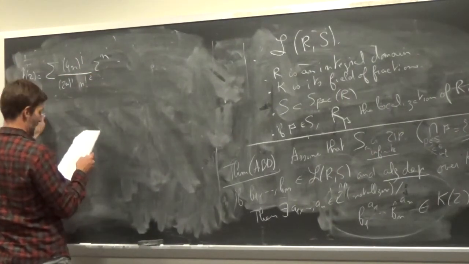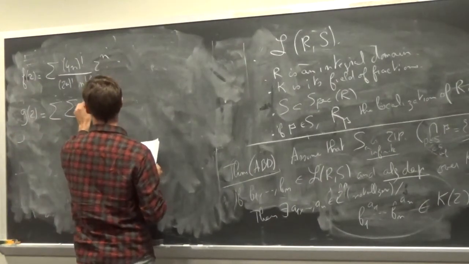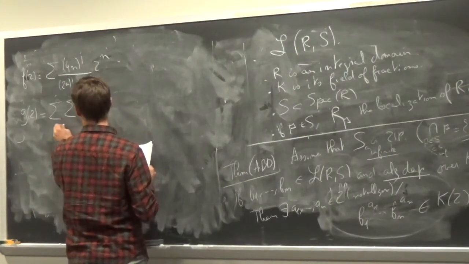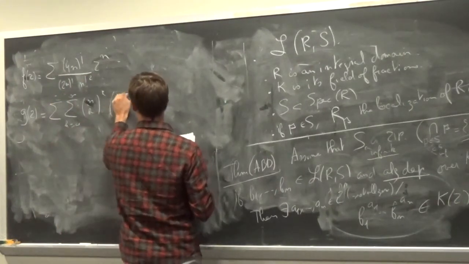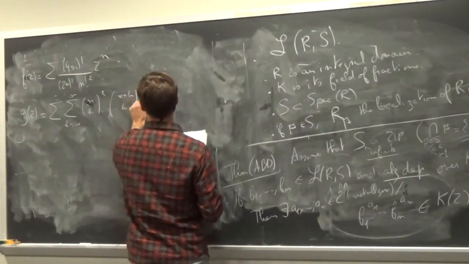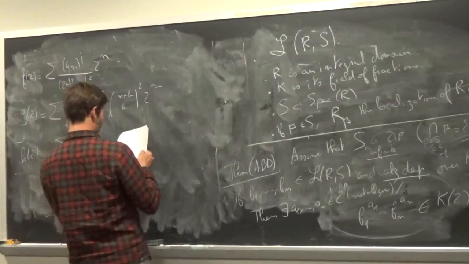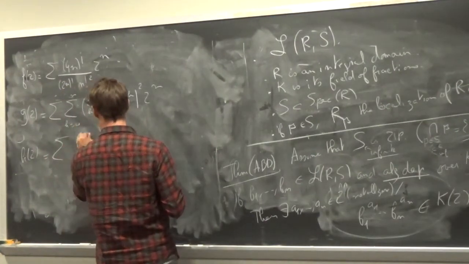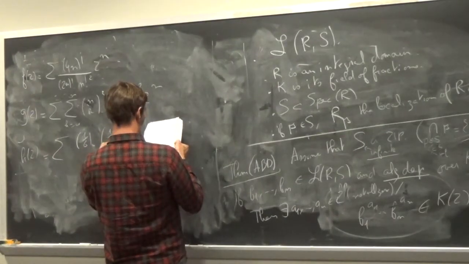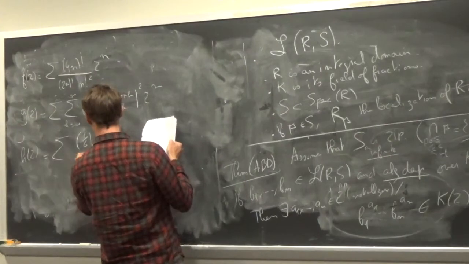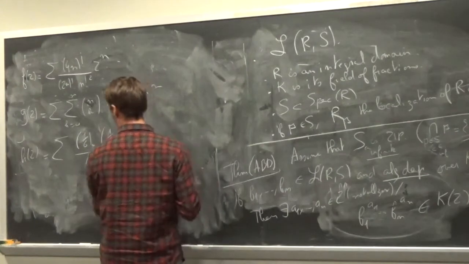g of z is the a priori one, the sum of binomials, n choose k squared, n plus k choose k squared. And then we can get some hypergeometric series like this, with parameters 1/6, 5/6 and 1/3, 2/3, over n factorial.